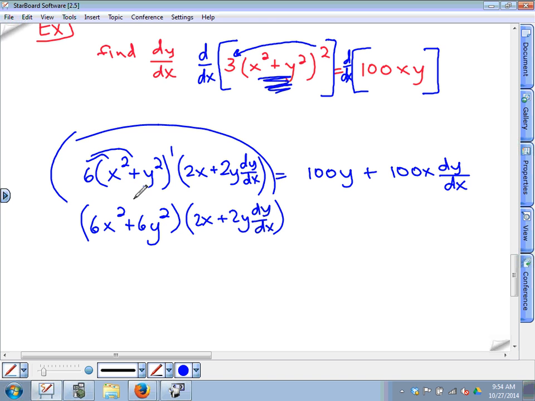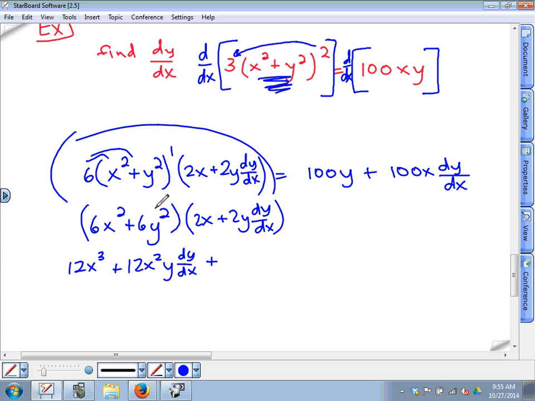It's the distributive property. 6x squared times 2x is 12x to the third, and then 6x squared times 2y dy dx is 12x squared y dy dx.